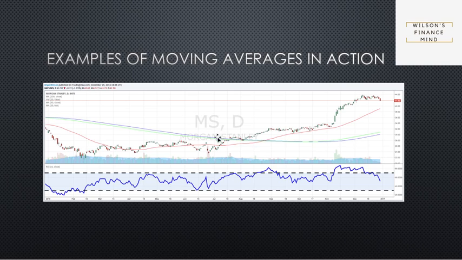In my position, I entered down here in the 30s. It has since jumped up to 40. I've made a great profit, but I don't like to sell my winners unless there's reason to. Using these moving averages to adjust your stop loss up, you would not want to exit this position until it started to break these moving averages.